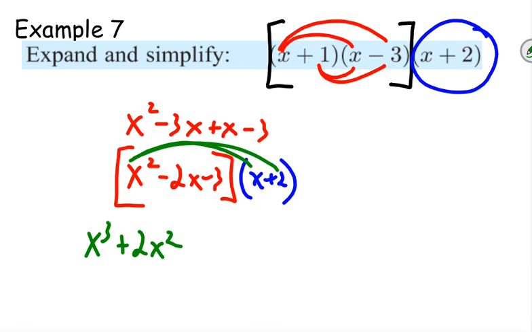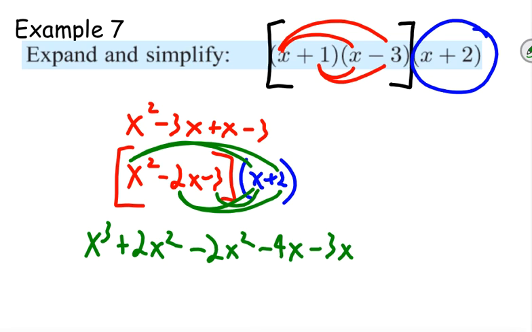Okay, now I'm going to multiply the second term, negative 2x times x, and I get minus 2x squared. And then negative 2x times 2 is going to be minus 4x. And now my negative 3. Negative 3 times x is minus 3x. And negative 3 times 2 is negative 6.